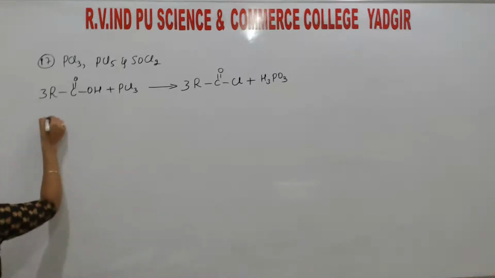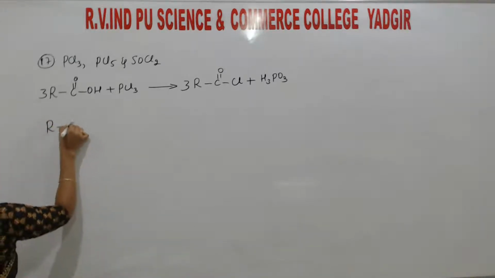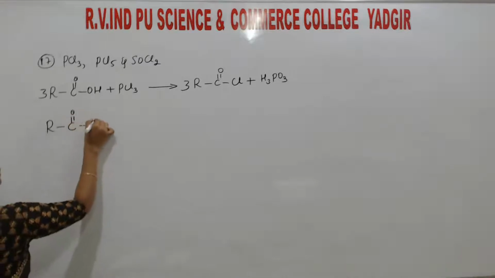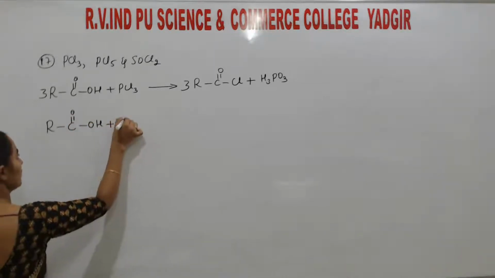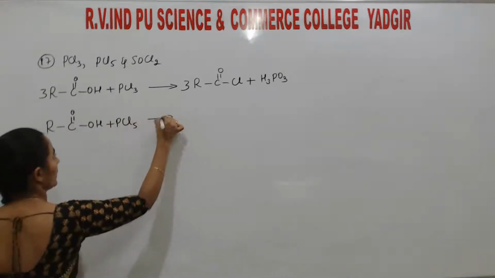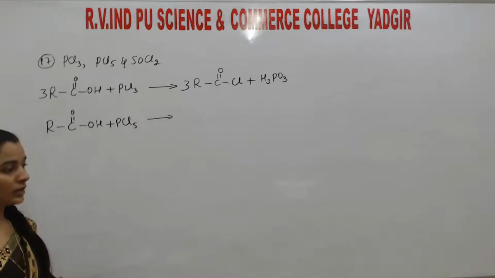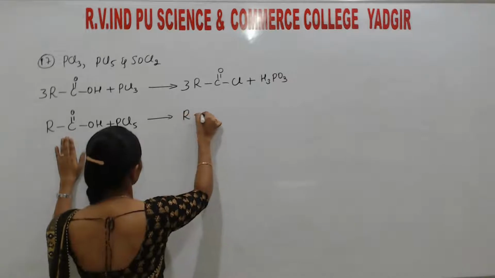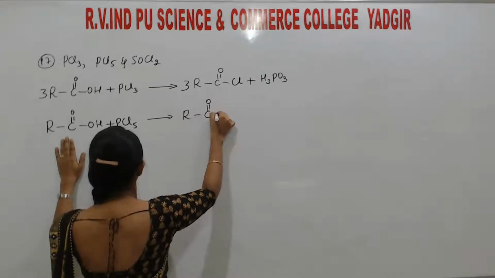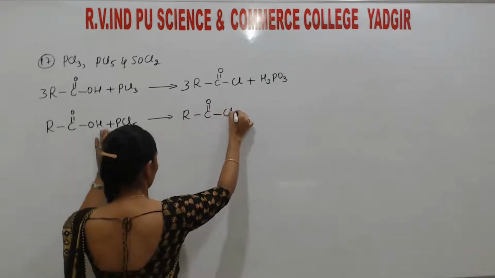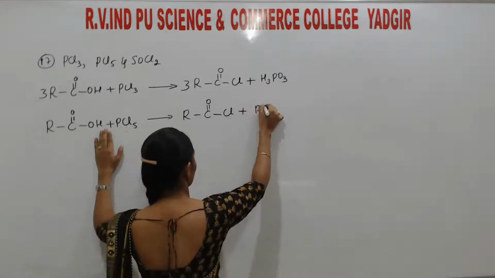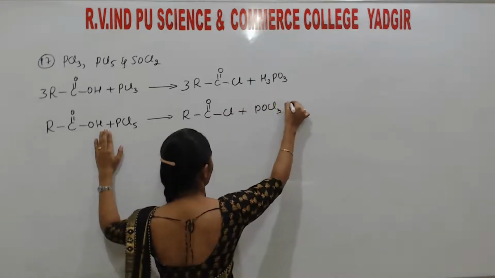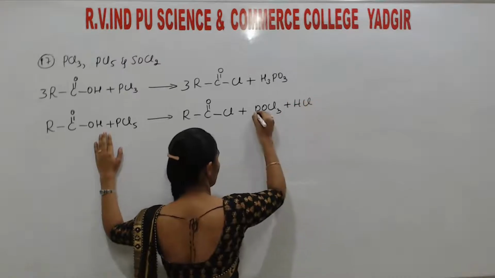Next, if instead of this you take PCl5, the product is RCOCl plus POCl3 plus HCl.